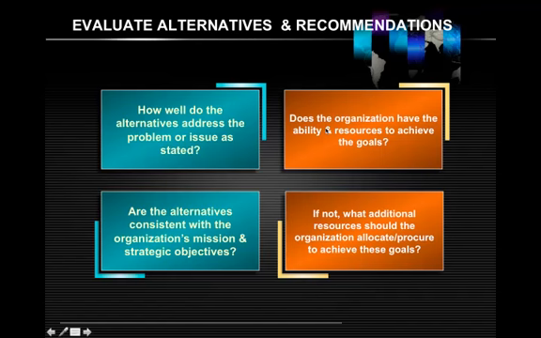Number three, does the organization have the ability and resources to achieve the goals or your solutions? Again, as I said, you cannot give them solutions that they cannot execute or don't have resources to execute. Consequently, the final question you need to ask would be, if the organization does not have, let's say, XYZ resources to implement your solution or alternative, then you need to recommend what kind of additional resources and at what cost the organization should allocate or procure to achieve these specific solutions, right?